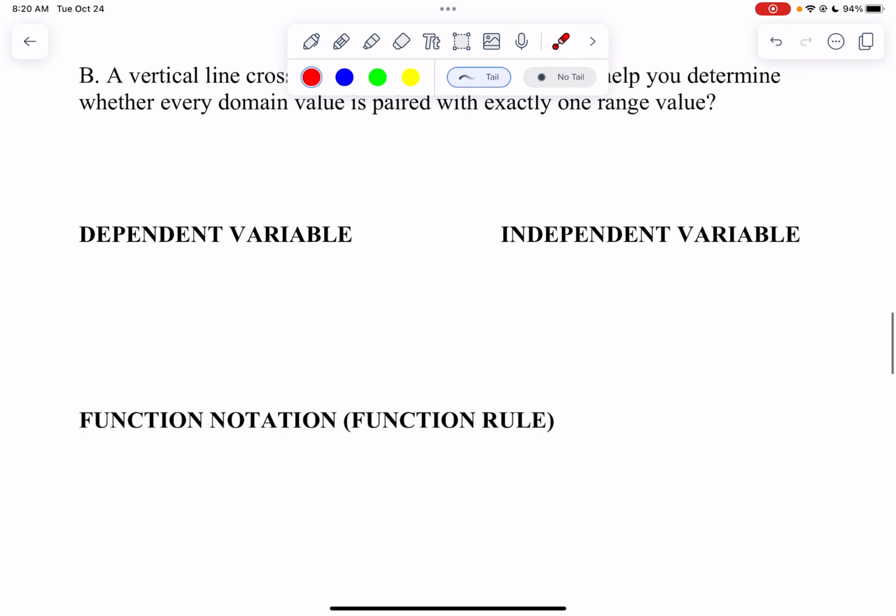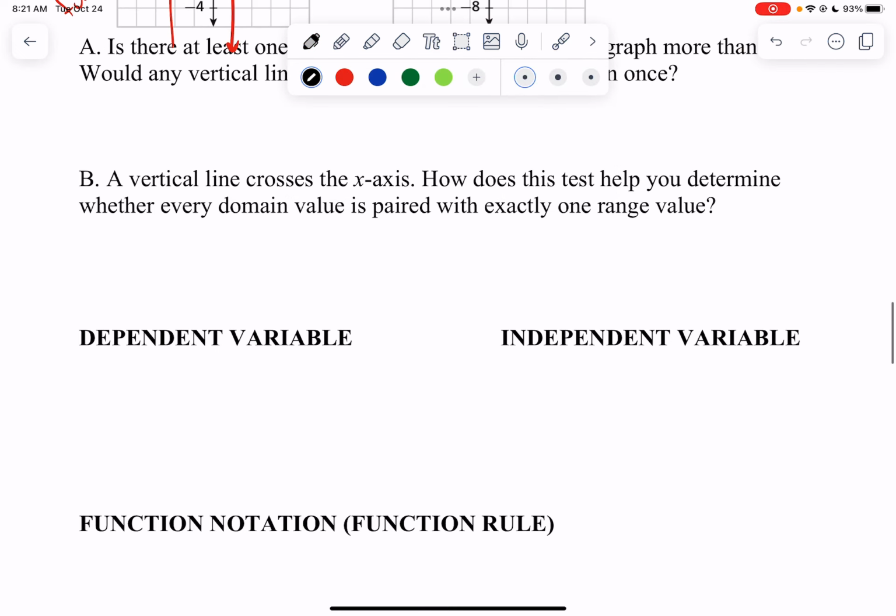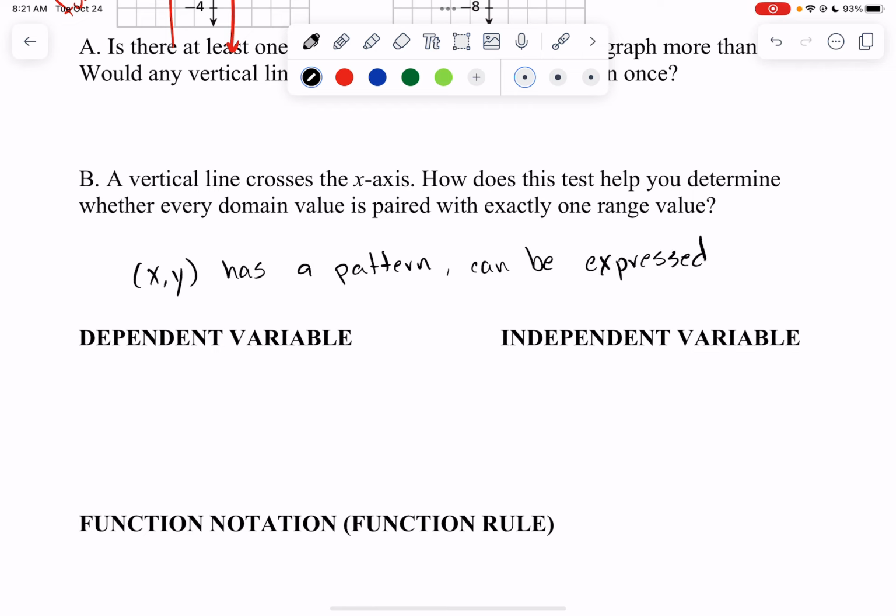All right, so now we need to talk about our dependent and our independent variables. If we have an ordered pair (x, y) that has a pattern, it can be expressed with an equation.